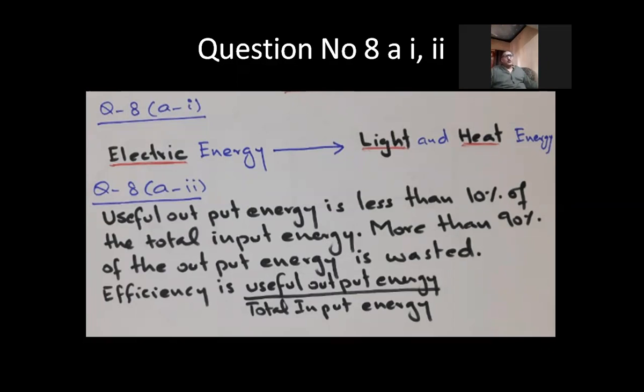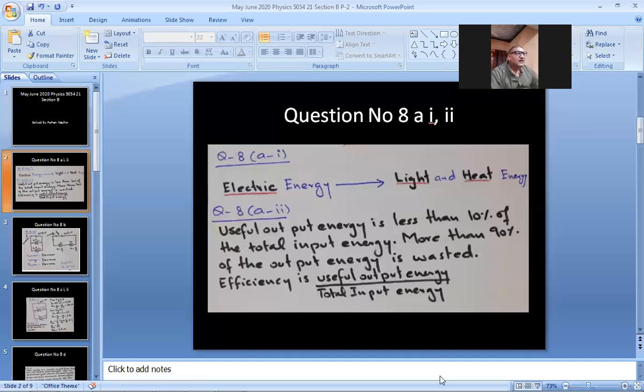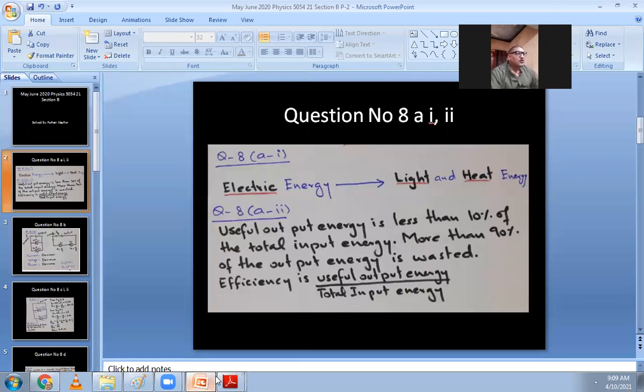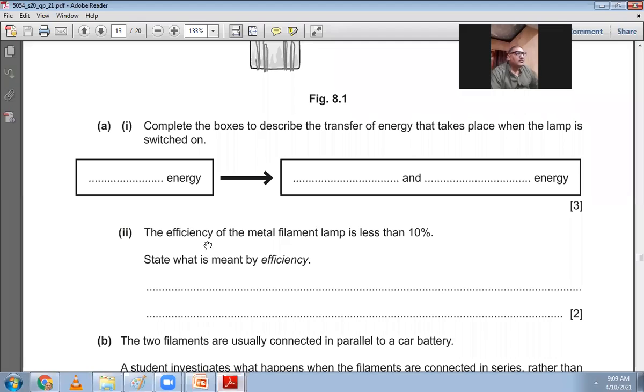Useful output energy is less than 10% of the total input energy, or more than 90% of the energy is actually wasted. The definition of efficiency is useful output energy divided by the total input energy. So hopefully you understand this. Okay, so let's go to the next question.